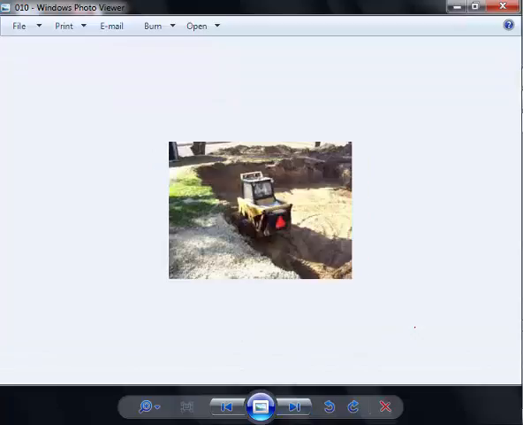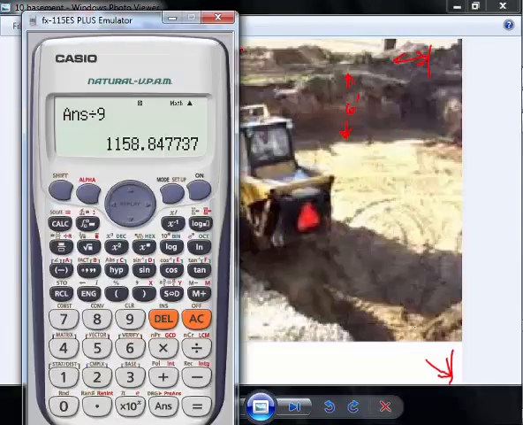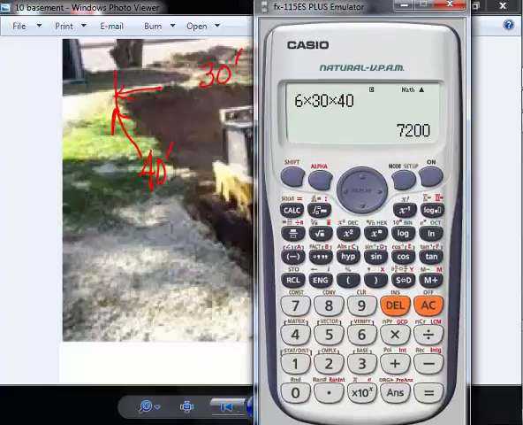Here we're digging a basement, and the basement is 30 feet long, 6 feet deep, and 40 feet wide. So 6 times 30 times 40 gives us 7,200 cubic feet.